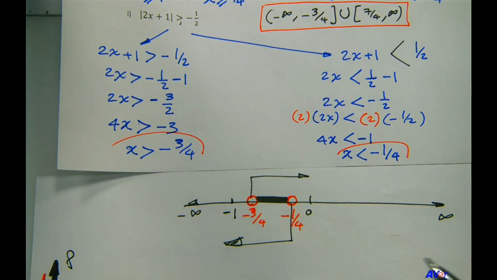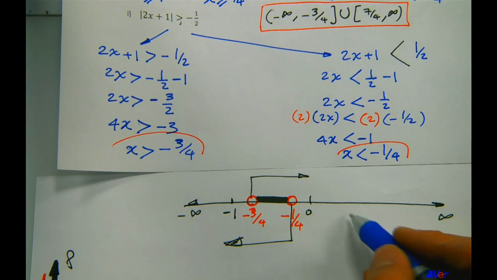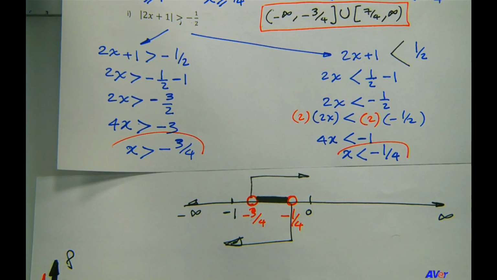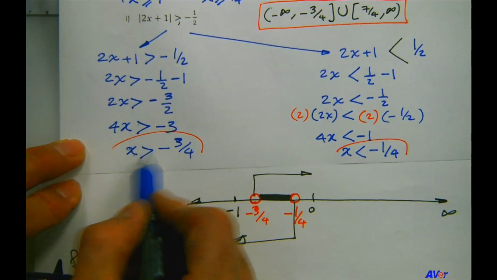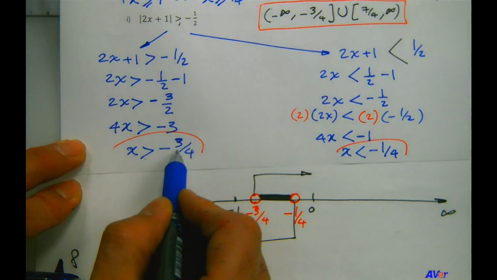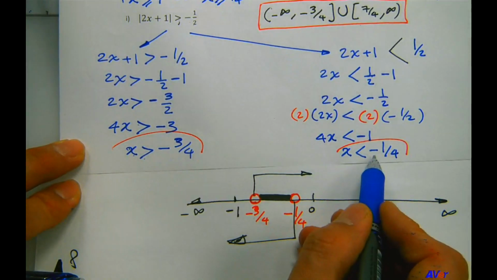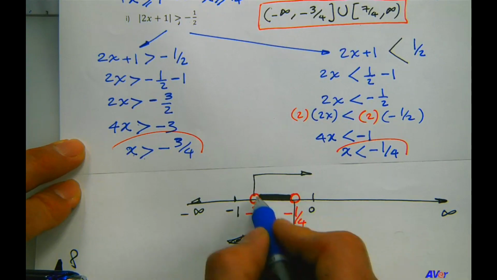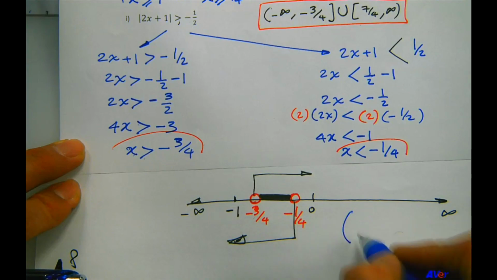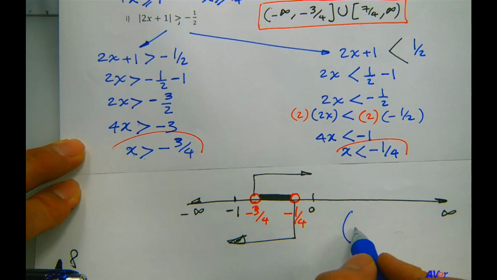So before I write down the interval notation, should I use parentheses or brackets? Which one? Parentheses, right? Why? Because x cannot be equal to that or this value. So we must put parentheses to indicate that, and I've shown it graphically with these hollow circles. So the final solution would be the smaller number first, right?